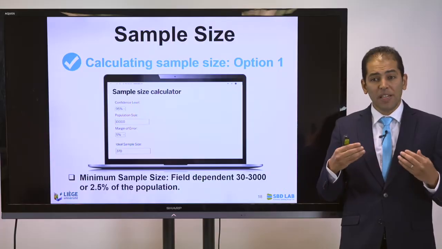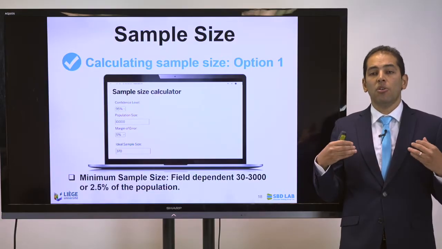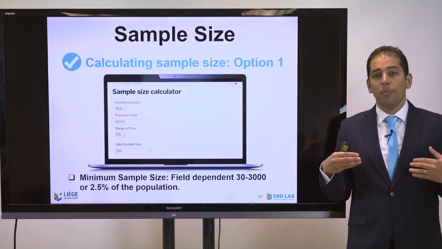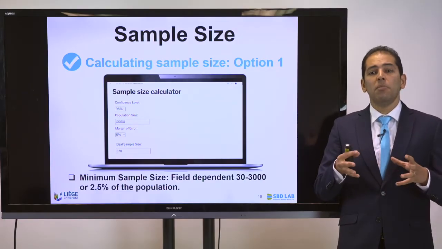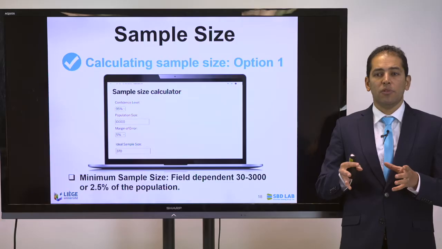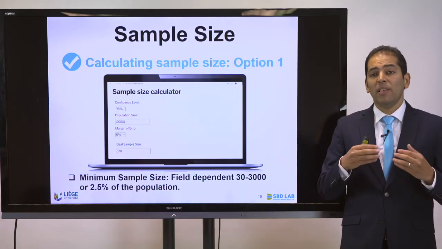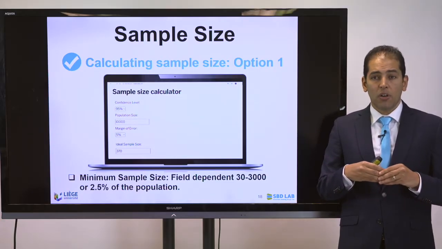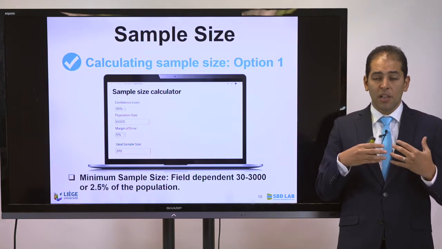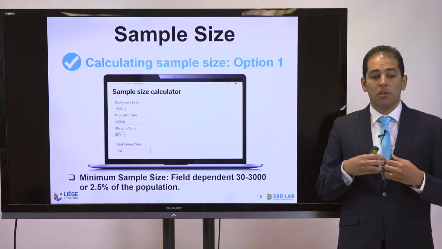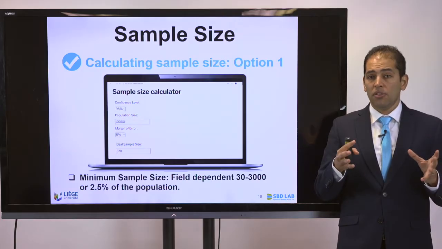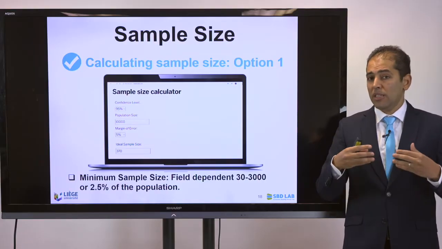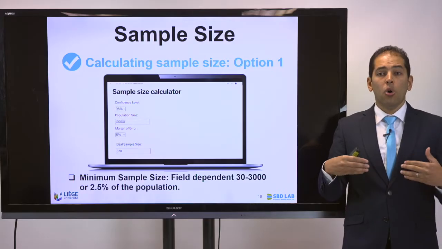When I say field dependent, I mean that you go back in the literature and you go back to the experts in your field and you ask them, what is the minimum sample size in my field of domain, depending on your study field and depending on the topic you are working on, because sometimes if the topic is still not explored, not a lot of research has been done before in this area, we can tolerate small sample sizes, but then the expert has to tell you that, or the literature.